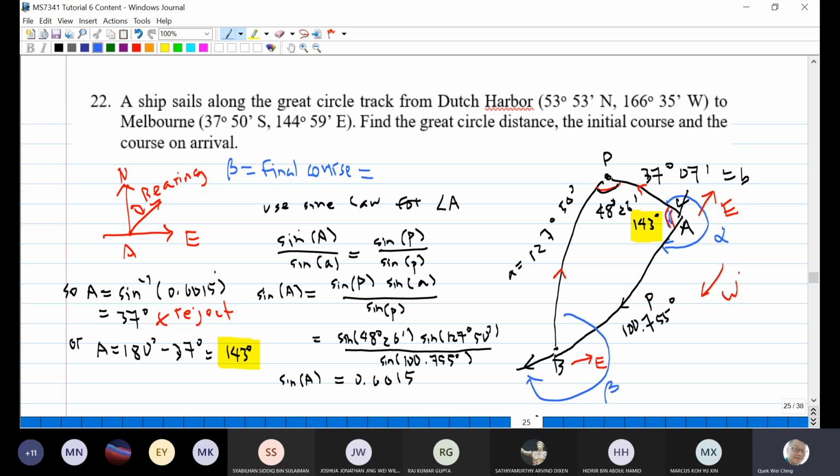That means you need to figure out angle B first. So I'm going to use the sine law again, but I can change the angle to B now, right? So let's use the sine law for this angle B now. Everything changes, this angle B now.